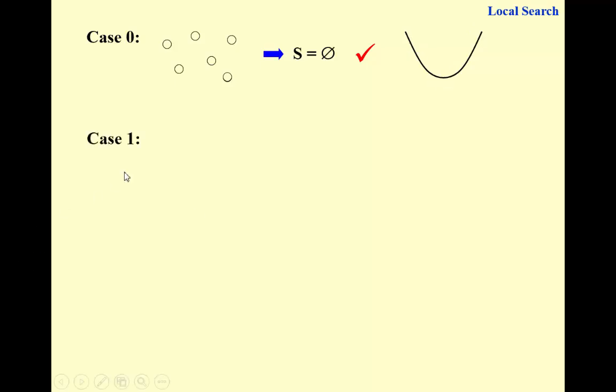Okay. Case 1 is a little bit more complicated. As a graph looks like this, we have one central vertex that covers everything. So obviously the global solution is what? Is just this vertex with size 1, right? That is the minimum vertex cover.